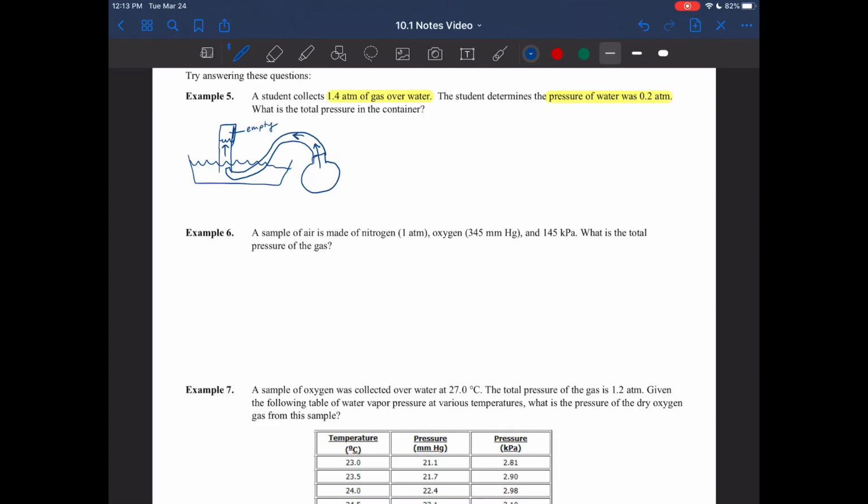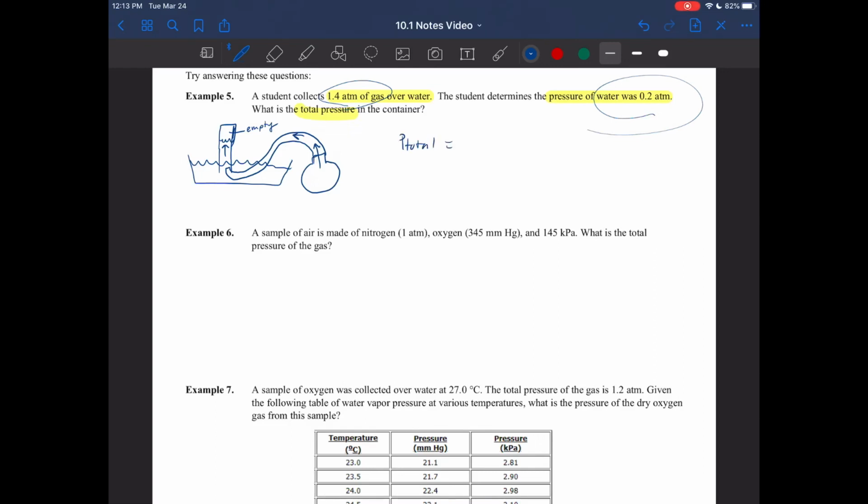So they tell us that we have 1.4 atmospheres of gas from maybe the experiment or wherever, who knows. And then the water vapor pressure is 0.2 atmospheres. What is the total pressure? I know I explained a lot about this problem, but I just wanted to give you some background here.